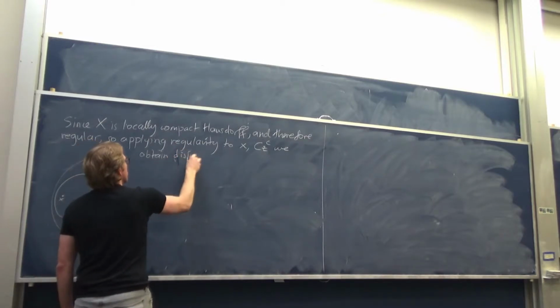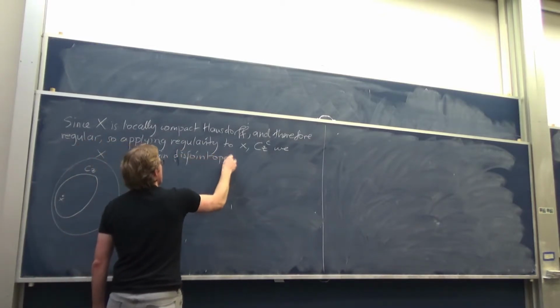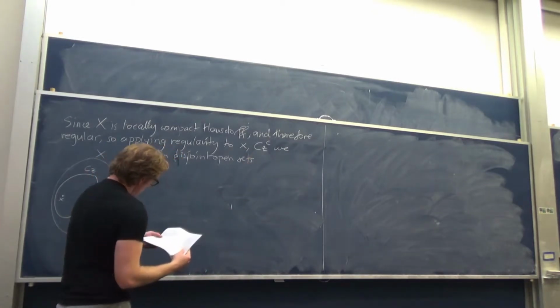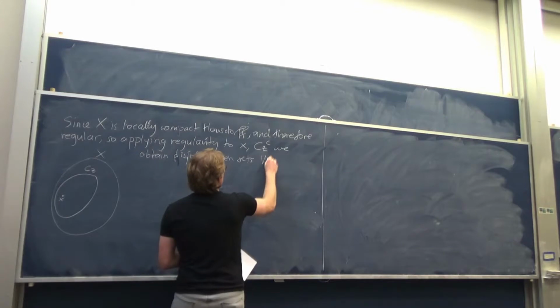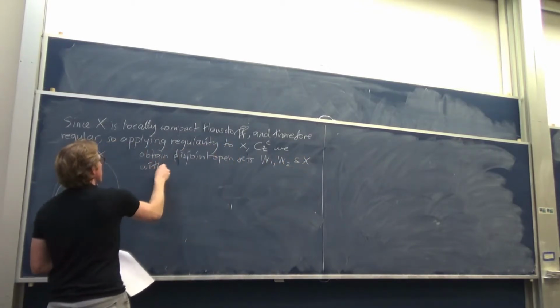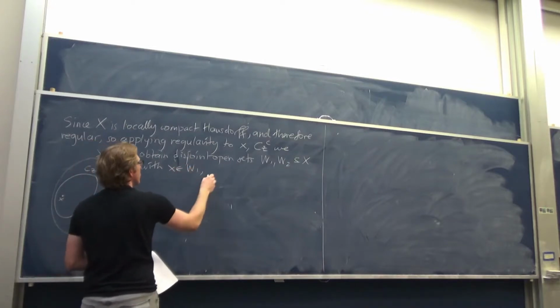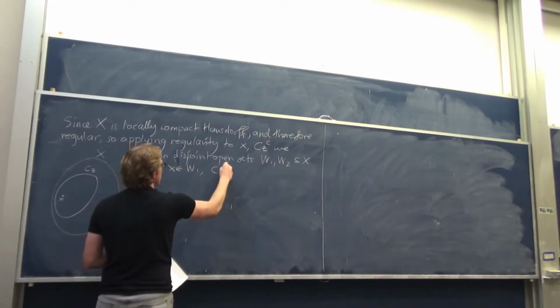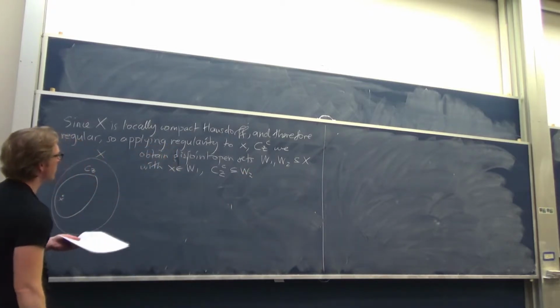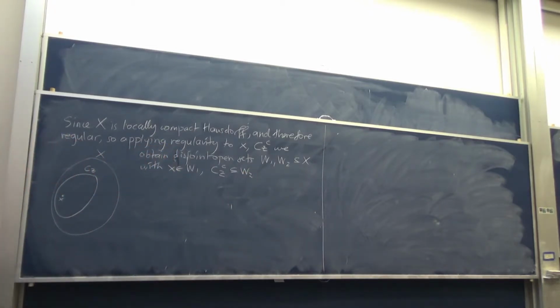disjoint open sets, what am I calling them, W1, W2, with x in W1 and C_z complement in W2. To say C_z complement is contained in W2 is just to say that W2 complement is contained in C_z.